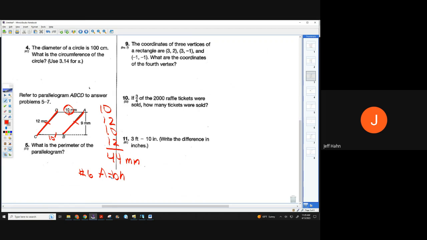Because in math, base times height means it has to form a square corner, which I would have thought, did they not put a square corner there? You find the lines that form the right angle, and that's what you multiply together, which would be the 9 times the 10. You would not do the 12 times the 10, because that's definitely not right angles. So it would be 9 times 10.